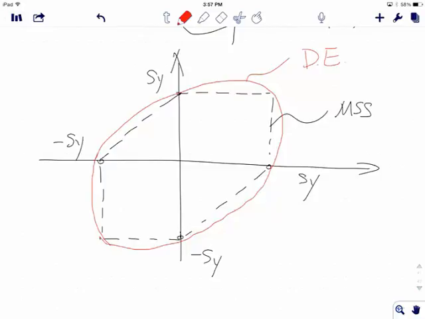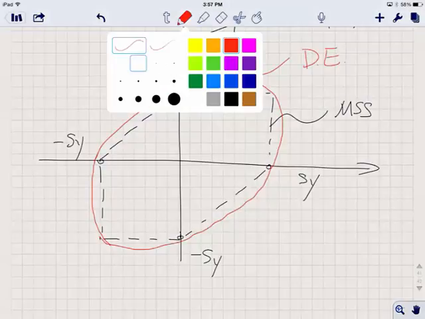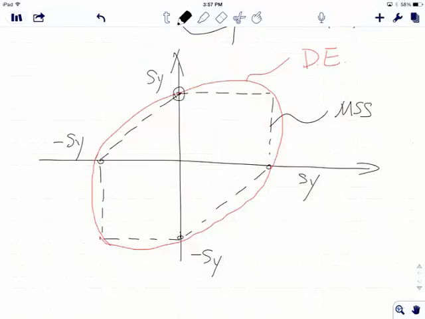Okay, so once you have that, then we can have some discussion. So there are actually 6 points that they share together. 1, 2, 3, 4, 5, 6. These 6 points are on both maximum shear stress and distortion energy, which is easy to understand.